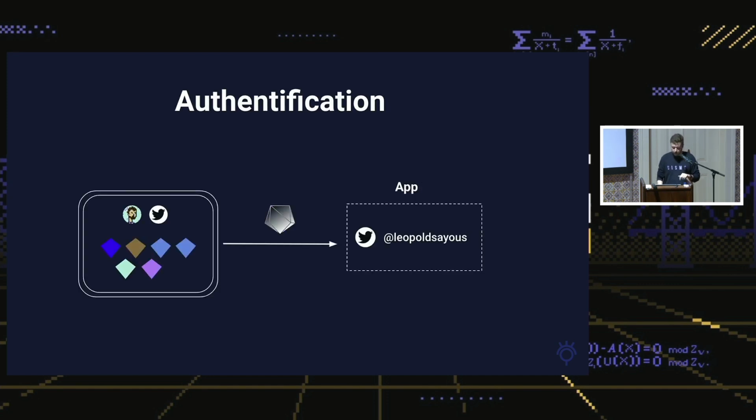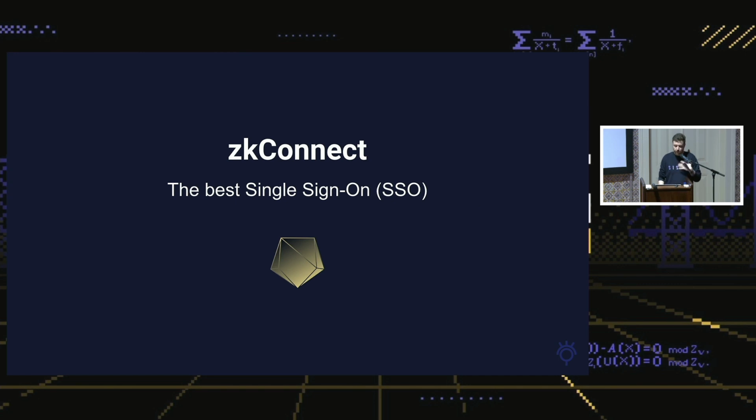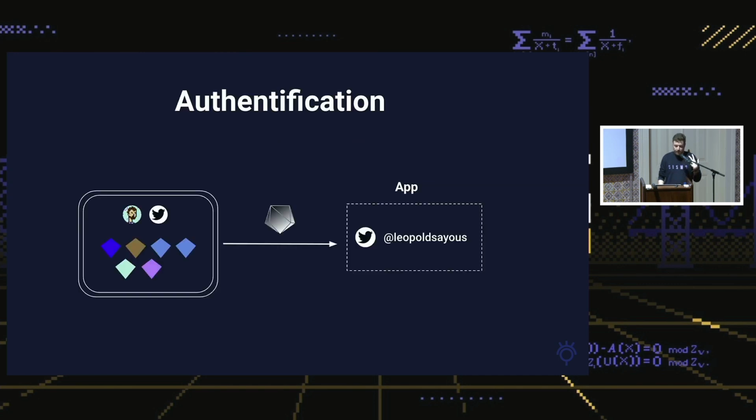So with this zkConnect, you have mainly three features. The authentication part. As an application, you can request from your Sismo data vault if you own a specific account, a Web3 account or Web2 account. For now, we have GitHub and Twitter accounts. Here, we can see it a little bit like a DevX improvement around OpenID Connect.